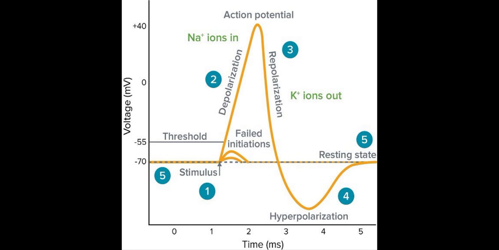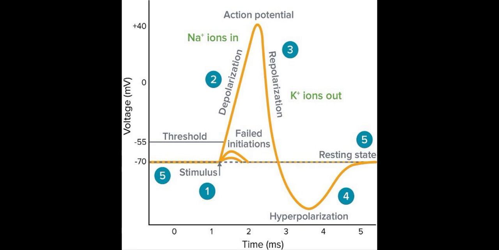And fifth stage is repolarization. That means K+ ions go out. Let's discuss repolarization. As the membrane potential reaches its peak, around plus 30 millivolts, sodium channels begin to close and voltage-gated potassium channels open.